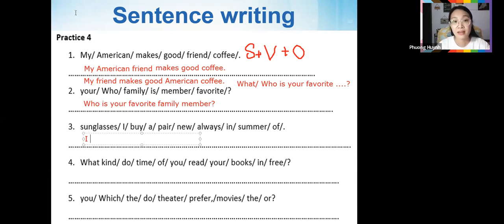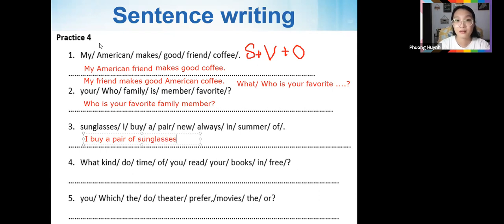Rồi, động từ chính trong đây là buy, đúng không bạn? Động từ buy. Mình cứ viết trước đi, lát xíu mình cho vô. I buy một cái cặp kính mát mới. Cặp kính thì cô nói một cái cặp kính là pair, đúng không bạn? Một cặp a pair of sunglasses, kính mát.